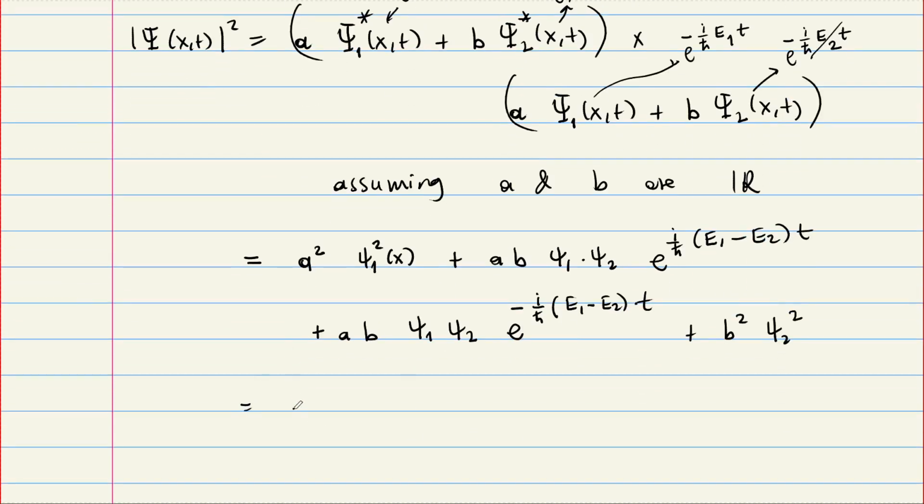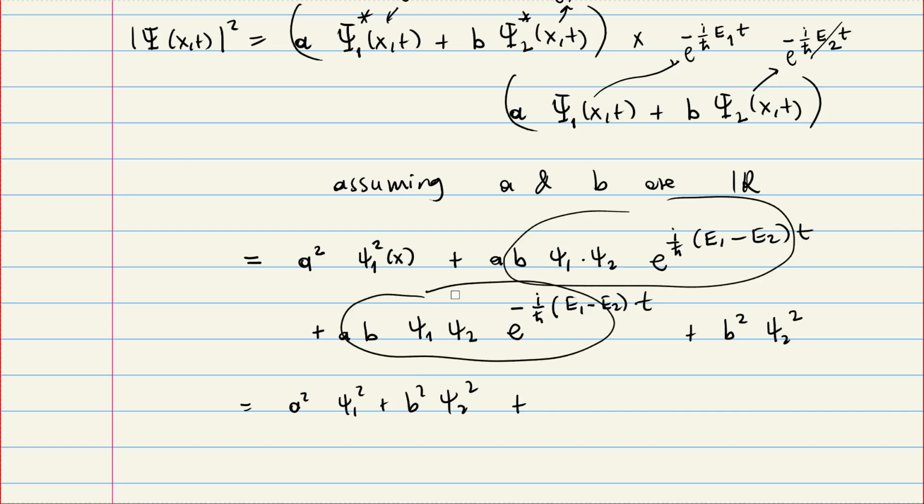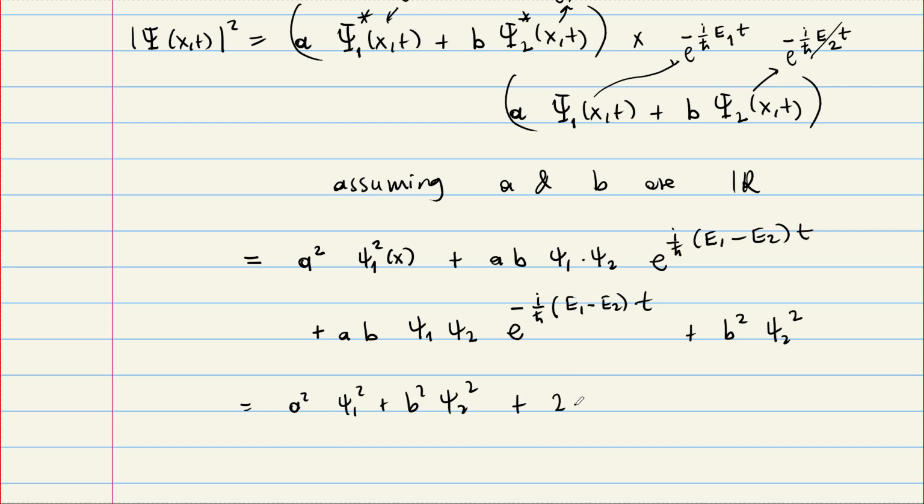At the end, I have a squared psi 1 squared plus b squared psi 2 squared, plus these two terms, which I can combine to give 2ab psi 1 psi 2 cosine of (E1 minus E2) divided by h bar times t.